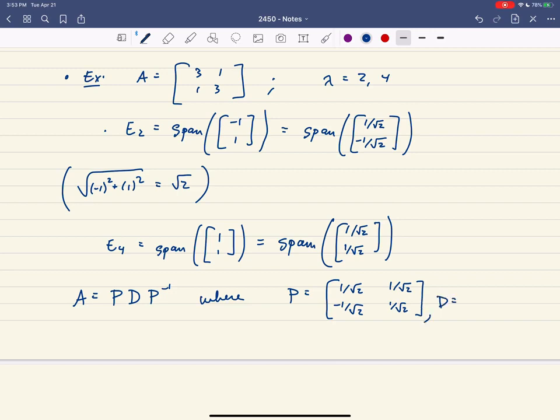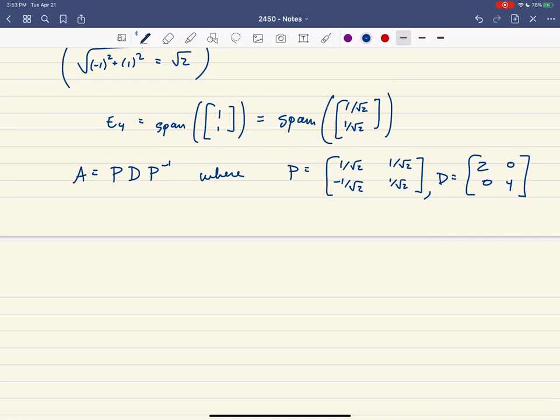And then D is going to be the diagonal matrix. The eigenvector 1 over square root of 2, negative 1 over square root of 2 corresponded to the eigenvalue 2, so that means the other one must be 4. And so D is going to be the matrix 2, 0, 0, 4. P inverse, it turns out, is going to be the matrix 1 over square root of 2, negative 1 over square root of 2, 1 over square root of 2, and 1 over square root of 2.